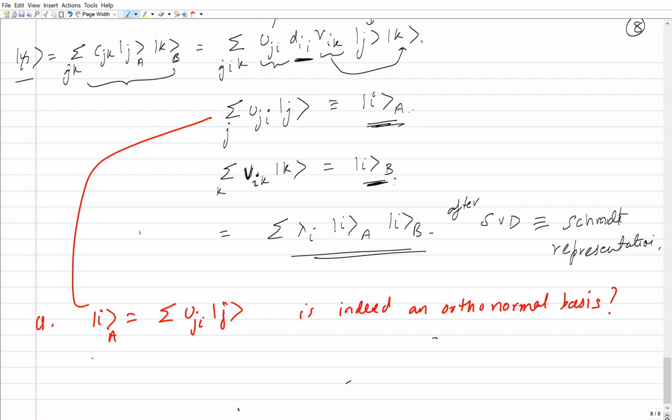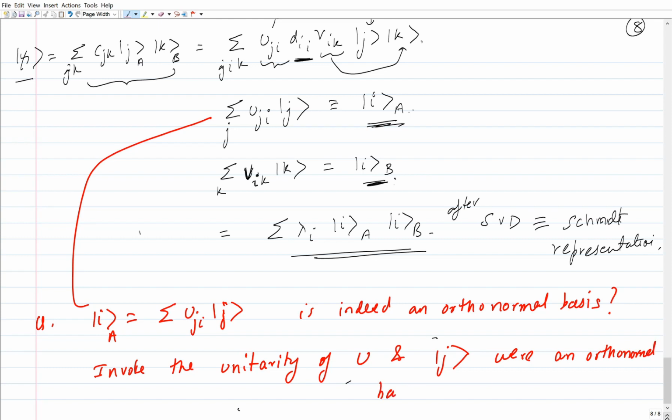How are you going to show it? Well, one way to do it is to invoke the unitarity of U, since U is a unitary matrix, and of course that the J's over here were an orthonormal basis to start with.